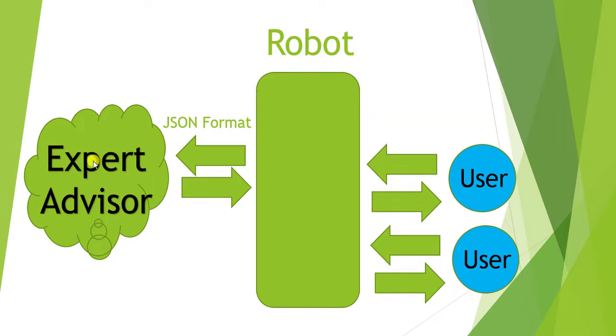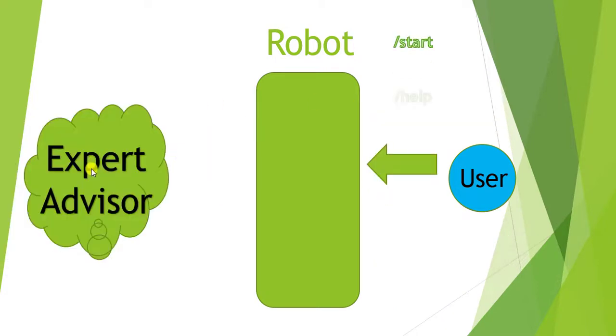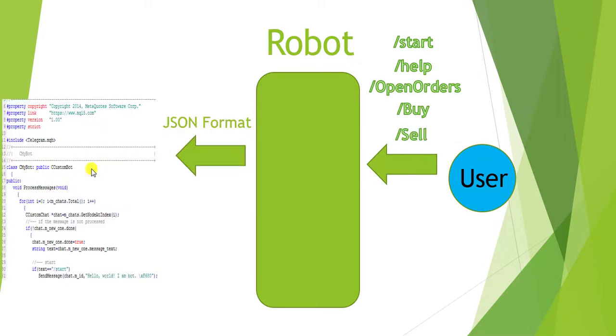Remember that the code which is written here in the expert advisor is actually used to program the robot, and we can do it with the PHP language or Python, or in this case we use the MQL language. For PHP and Python there are too many sources in this regard, but unfortunately we don't have as many videos and resources for MQL and how to program a robot with the MQL language.